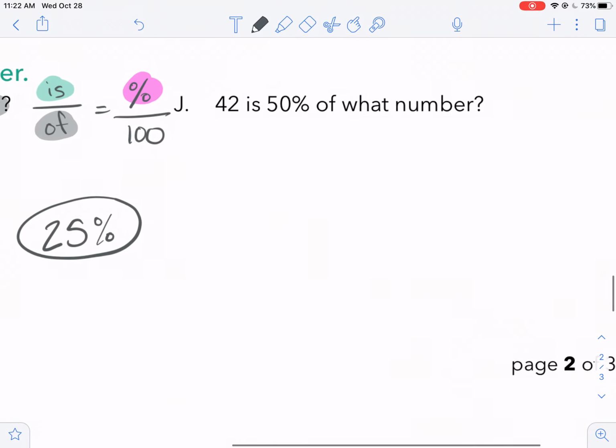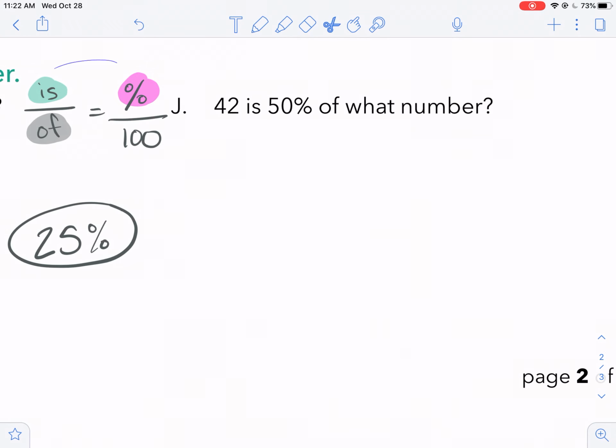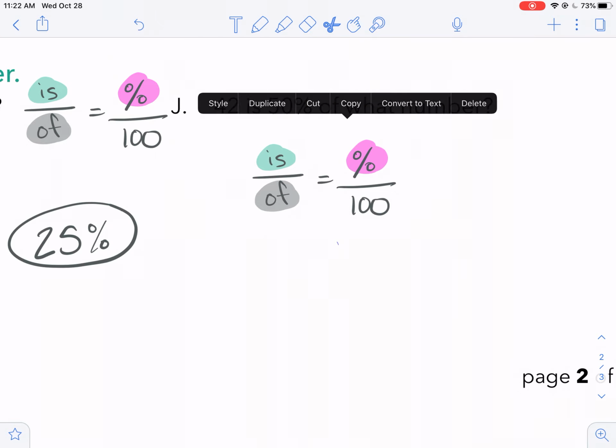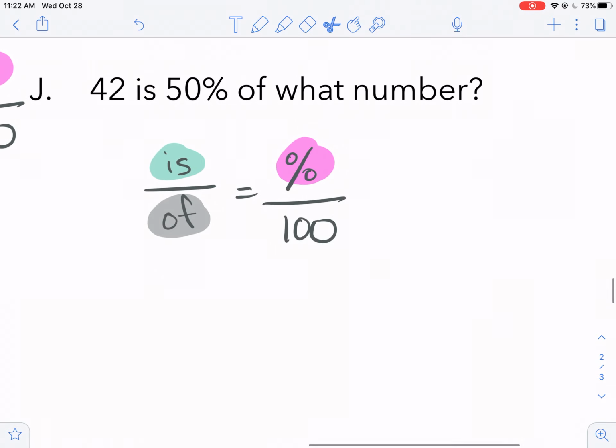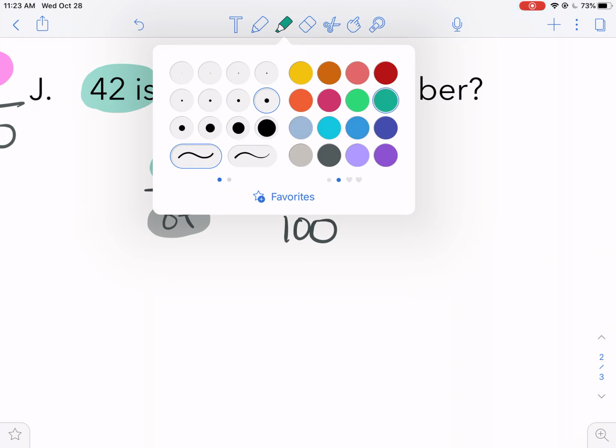Let's interpret our next one. We still have our is over of equals percent over 100. So in this problem, it says 42 is 50% of what number? 42 is our is number, and we know our percent this time.